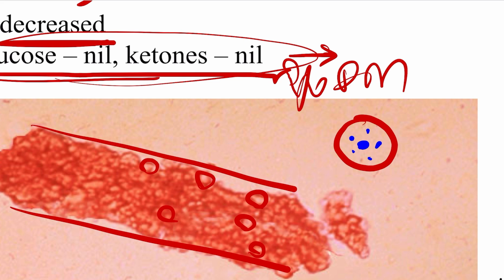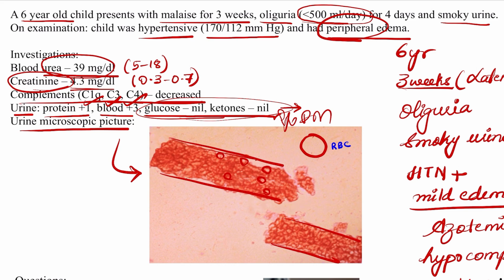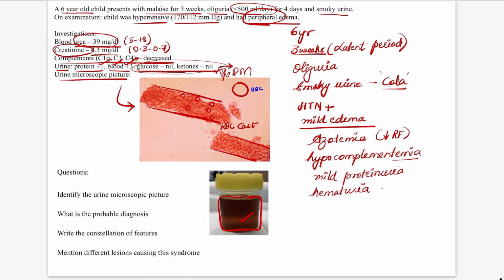These are plain cells with a regular cell outline. These are nothing but RBCs. So these cylindrical structures are called casts, and since they contain RBCs, they are called RBC casts. So the presence of RBC casts is noted.